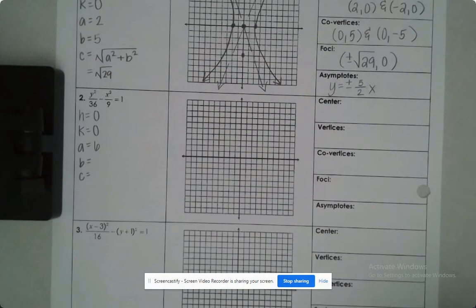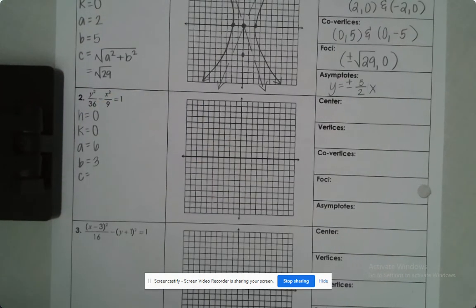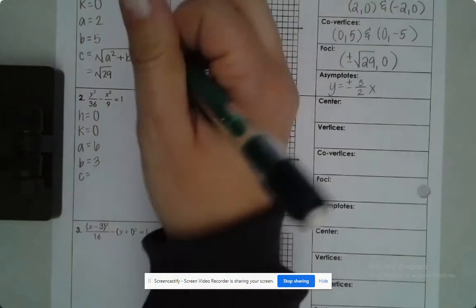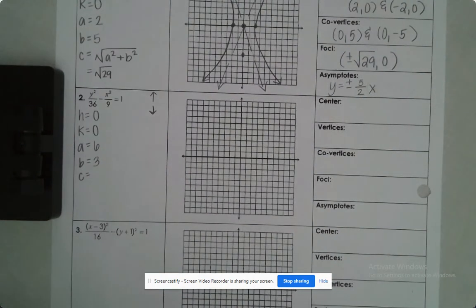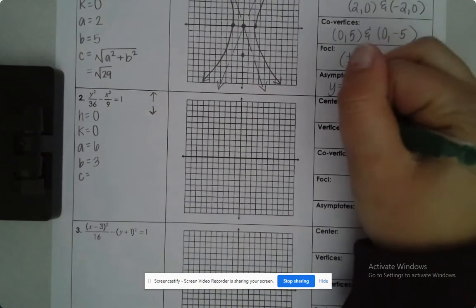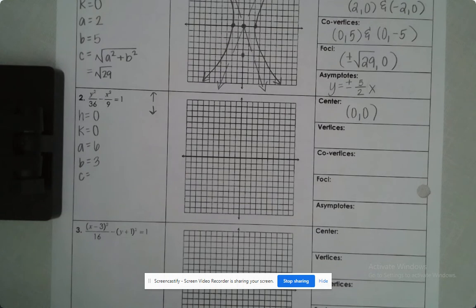What's B? Which way is it open? Up and down. What's my center? What are my vertices? Why did you do them on the Y value? Because it's going up and down.